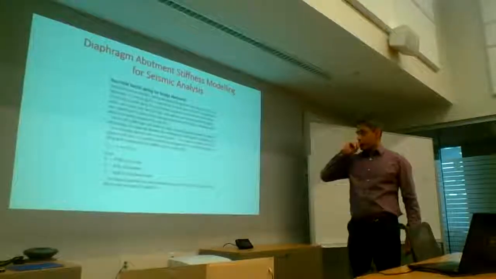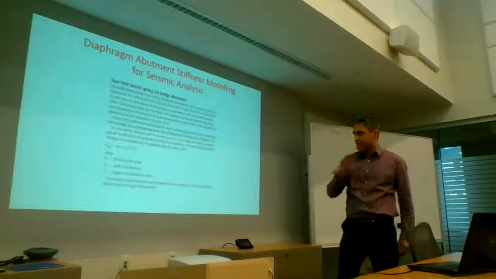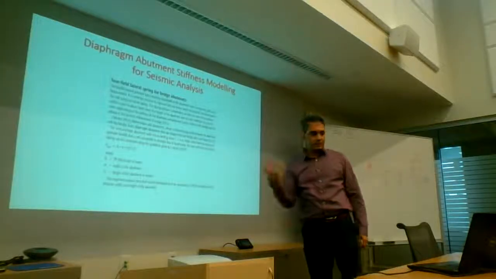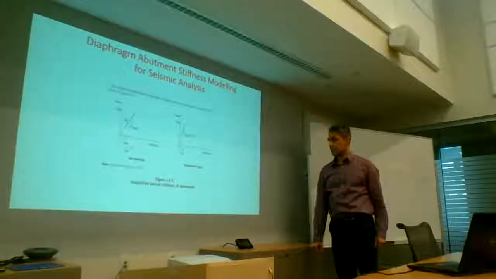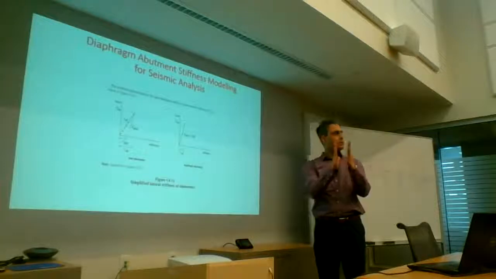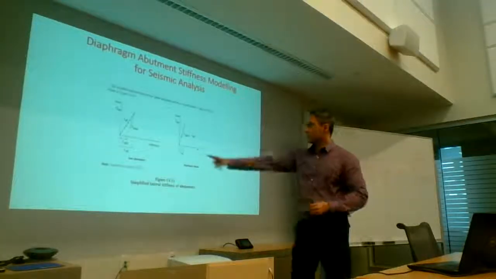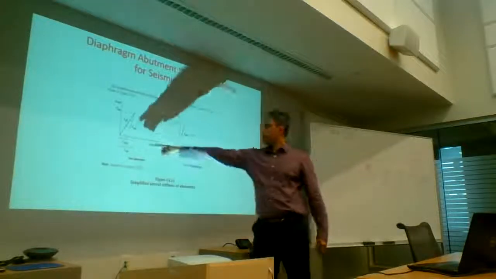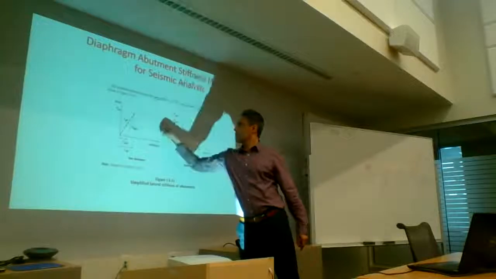So our code is basically based on Caltrans. Excuse me, it gives you an abutment stiffness that you can utilize. And here are the two cases. I showed you two kinds of abutments. One was a seat abutment that had a gap between the back of the girders and the back wall. So what happens there is you're going to have to close the gap first. So this is the gap, and only then do the two things come in contact.